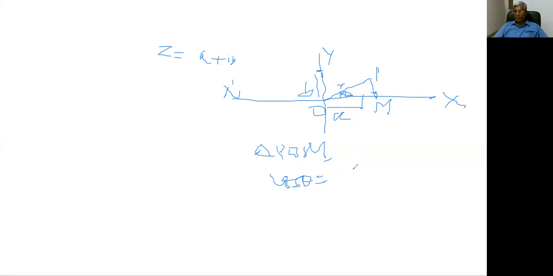This is small a, the base, divided by small r. Therefore, a is what? Please tell me. a is r into cos theta. a is equal to r cos theta.